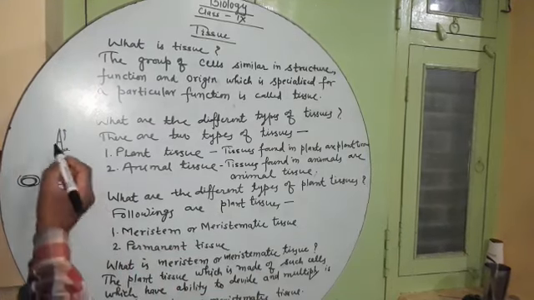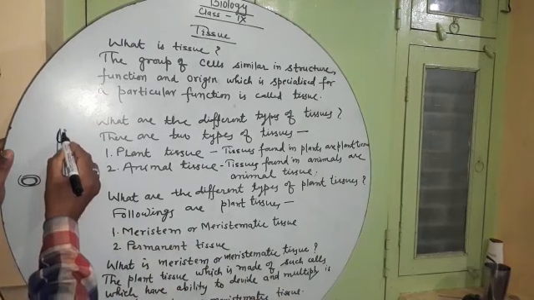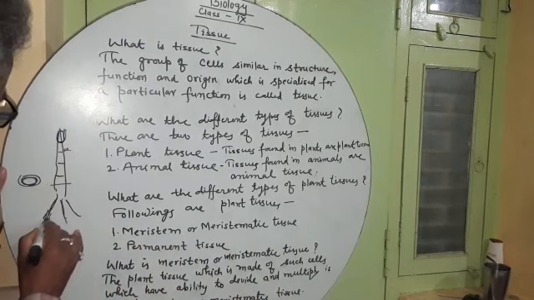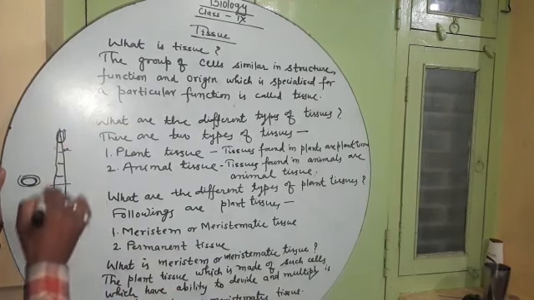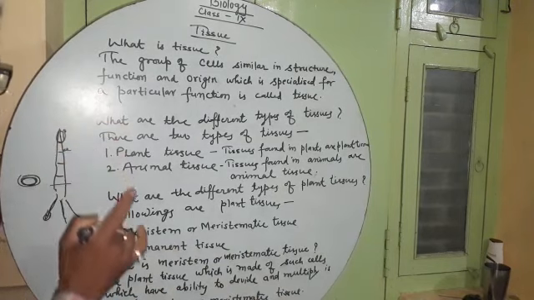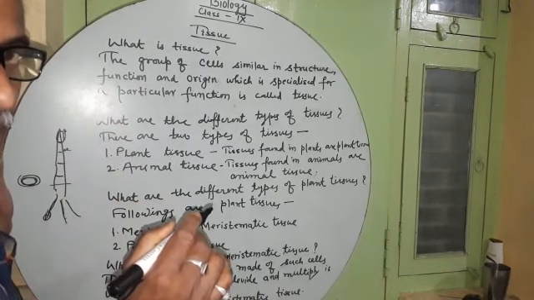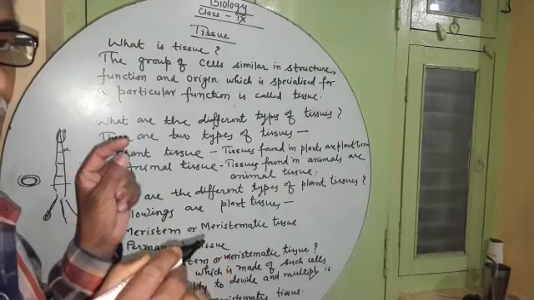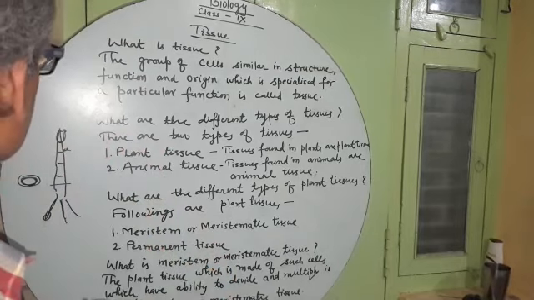As you see here, this is the apex of the stem, this is the apex of the root. In these regions, the meristems are called apical meristeme.